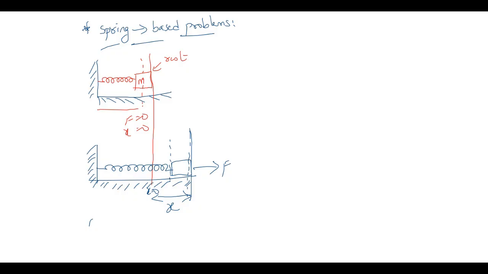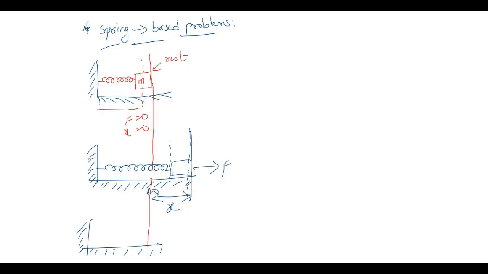Now if you leave this block, again after moving, it will come back to rest position. Yes or no? This is called, in this position what happened? Spring is been pulled. In this position, see here, this is origin.